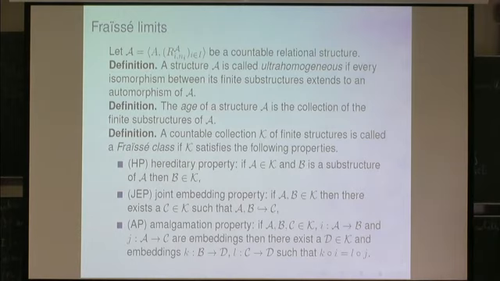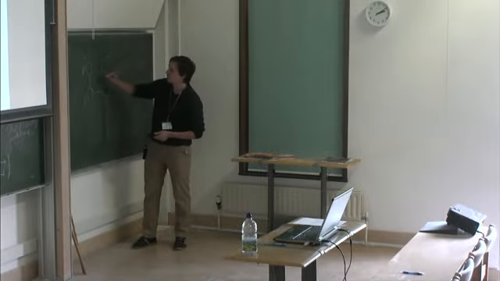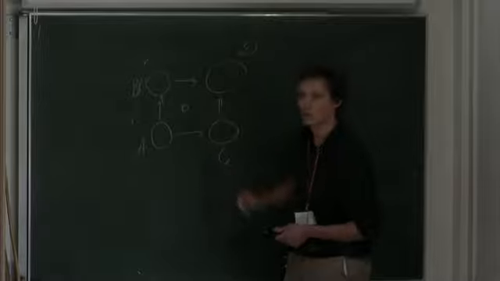And the third property is the amalgamation property, which is: we have three structures, B, A, C, and embeddings. Then we can find a fourth structure D, and two embeddings such that this diagram commutes.